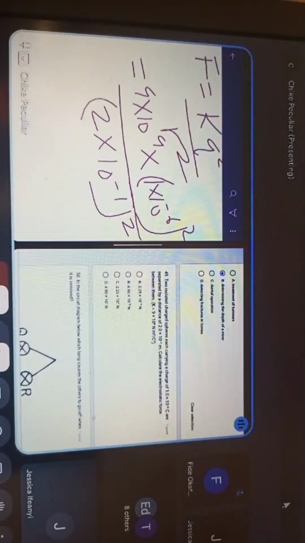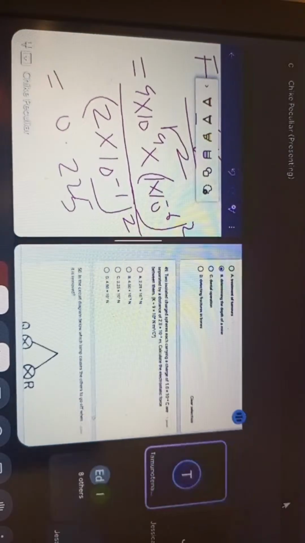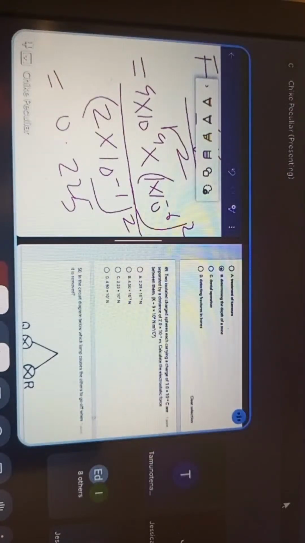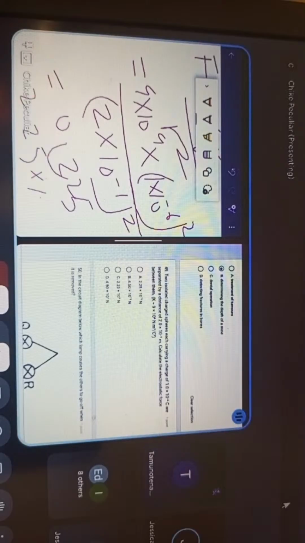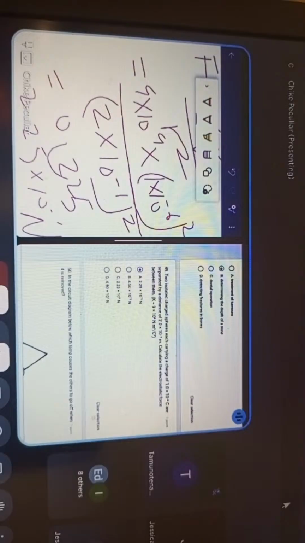All right, I have 0.225. The answers are given in that form, I guess. I have to move it. So this is 2.25 times 10 raised to the power minus 1. This is the force in Newton. So what option corresponds to that? Option B. No. Option A, sorry. 2.25 times 10 raised to the power minus 1.